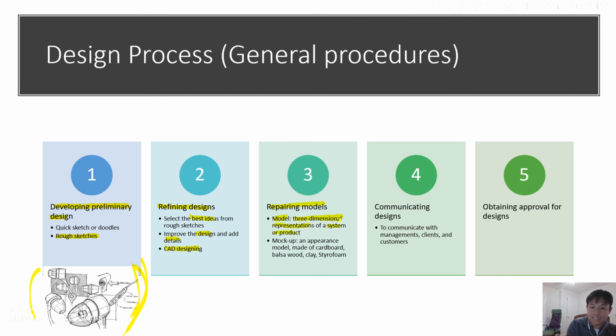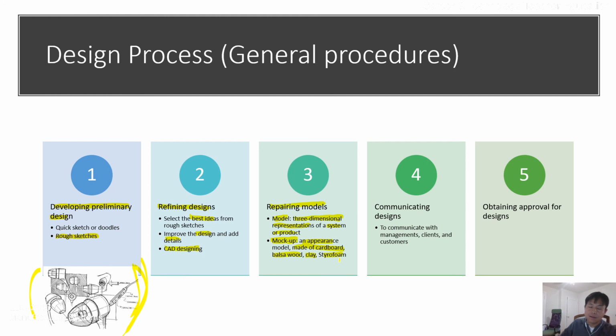For this, designers often do mockup design. A mockup is not the actual product, but it is a kind of rapid prototype that represents the final product as a real object. The material can be cardboard, balsa wood, clay, or styrofoam.